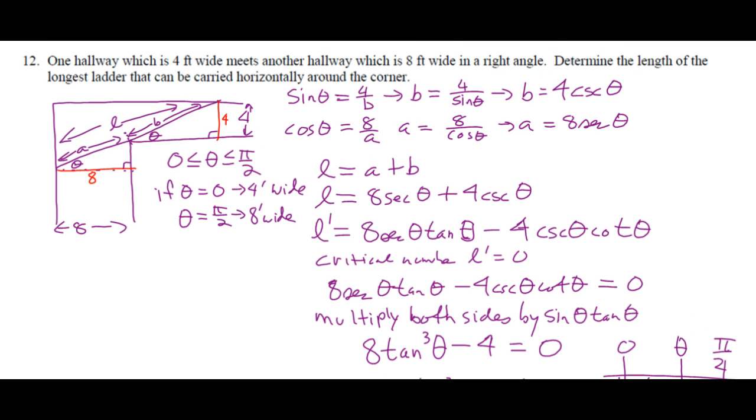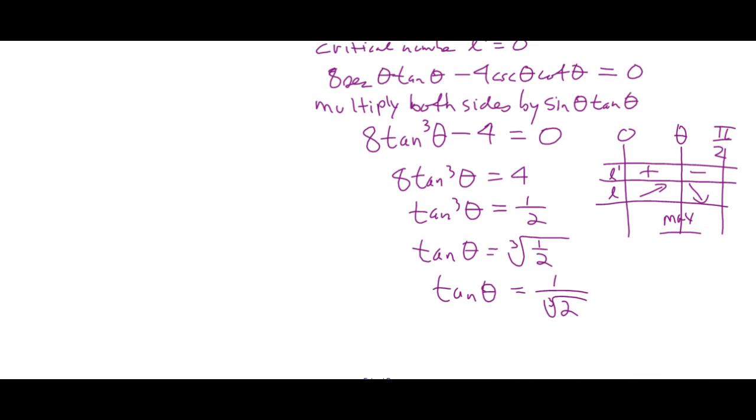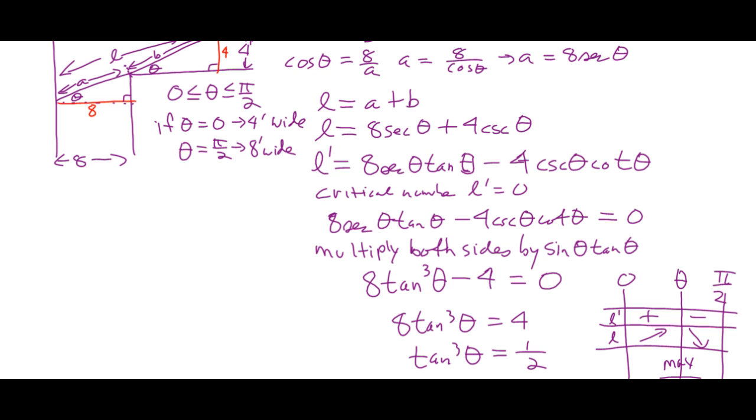But how do we get that max, right? Where do we go? Well, if we look at our number here, we know that tan theta is equal to 1 over the cube root of 2. Now we're going to go to x, y, and r. In terms of x, y, and r, what's tan theta?